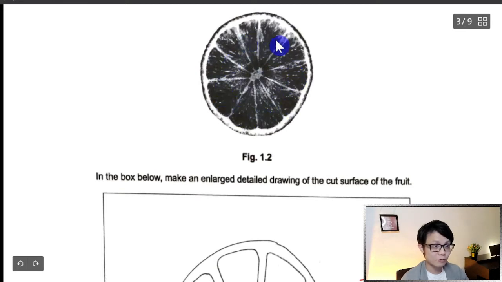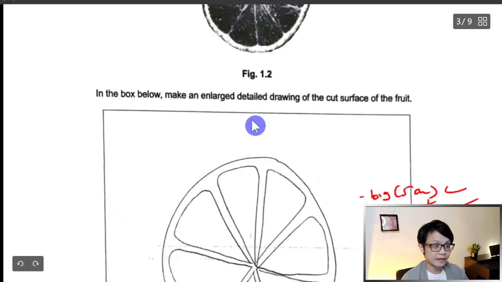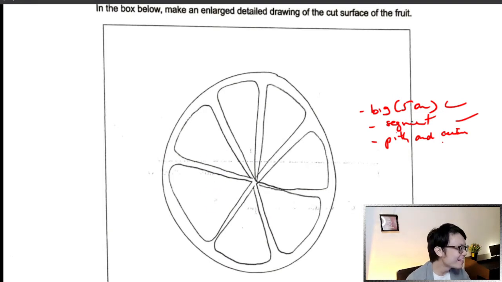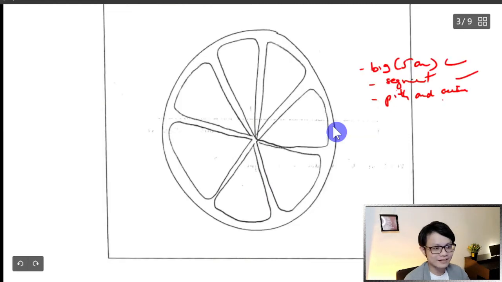How many segments? 10 segments. 1, 2, 3, 4, 5, 6, 7. Hey, the segments are wrong. Oh my goodness, then the student didn't get the mark for this because the segments are wrong.